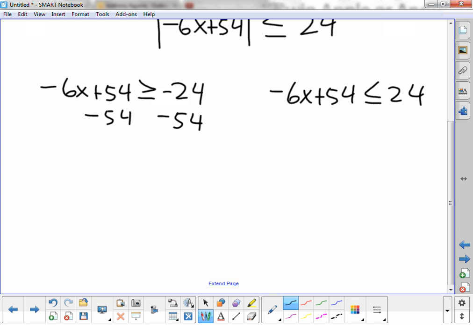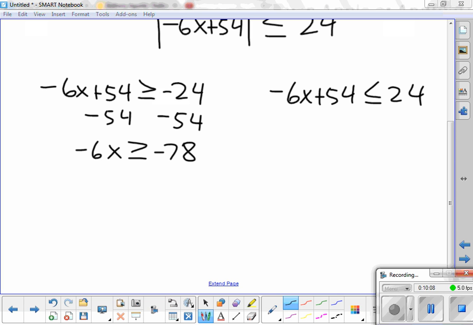So that's going to be negative 6x is greater than or equal to 78. Is that right? Hold on a second. I don't remember there being a fraction. Yeah, that's right. So divide by negative 6, divide by negative 6.